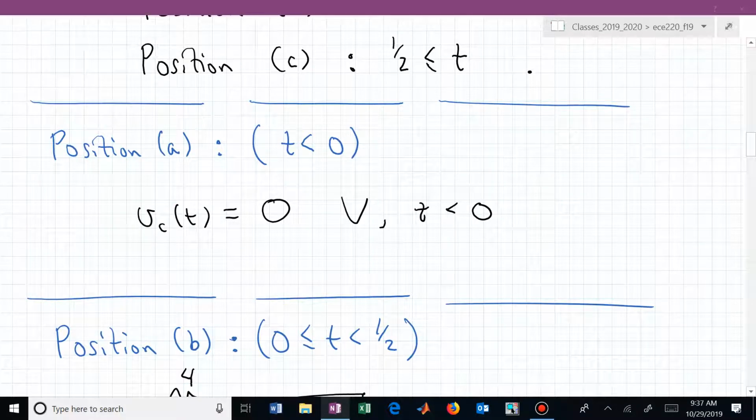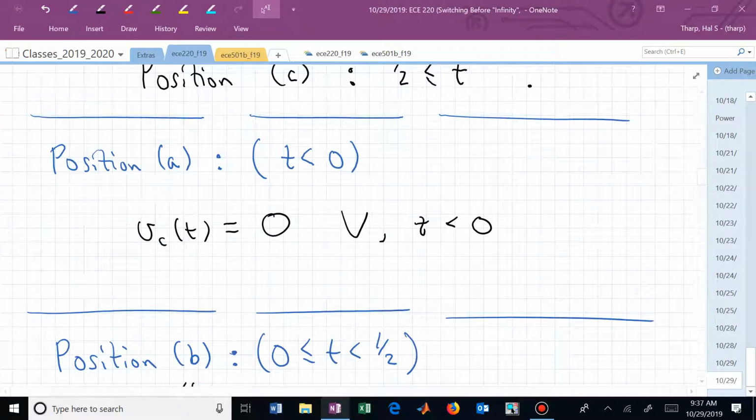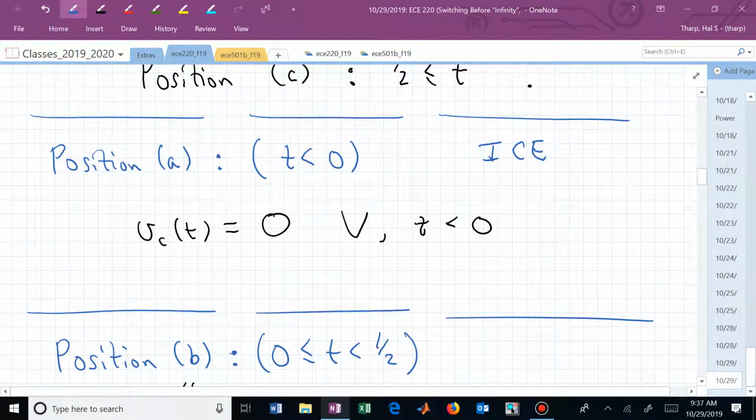And what do we know about capacitor voltage? Or what do we know about capacitor current? Are any of those variables special based on what we've been talking about? And ICE, if that gives us any help.